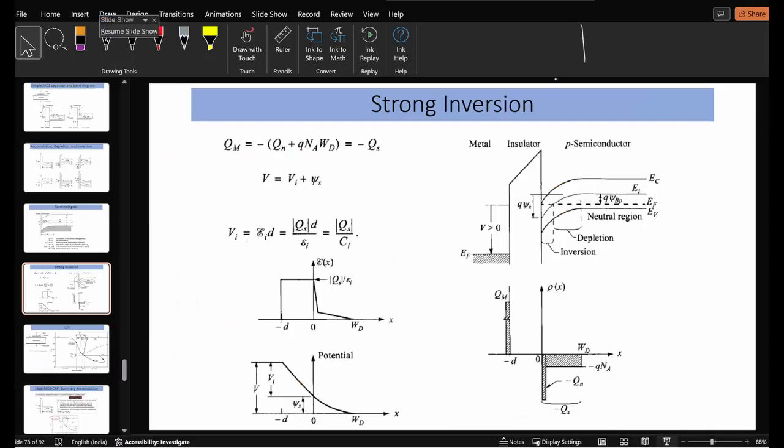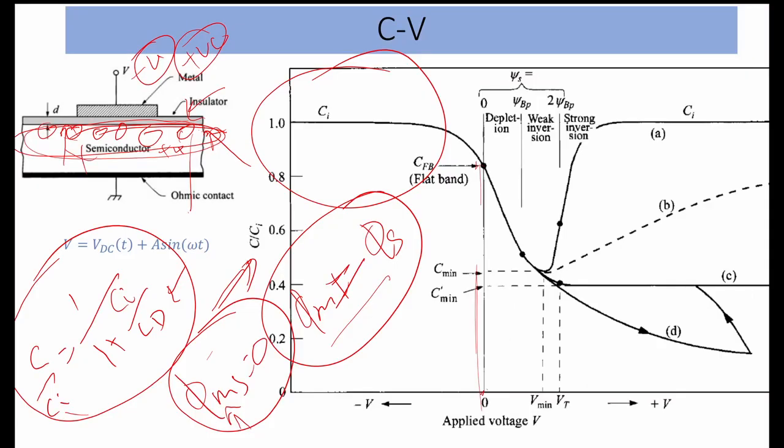As we can see here, 1 by C is equal to 1 by CI or COX plus 1 by CS or CD, whatever you write. So there is a contribution from this one also.